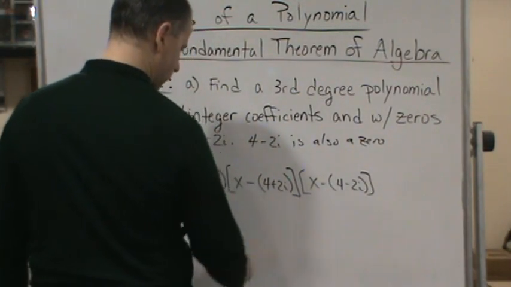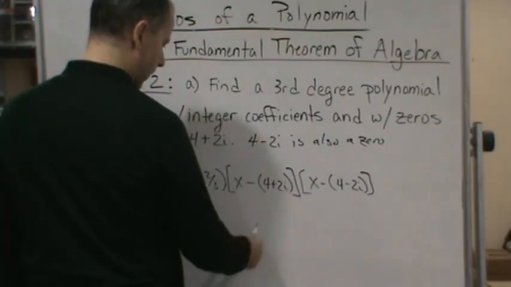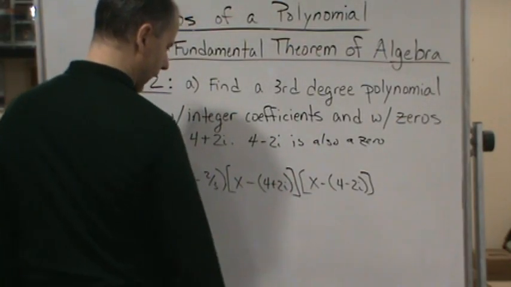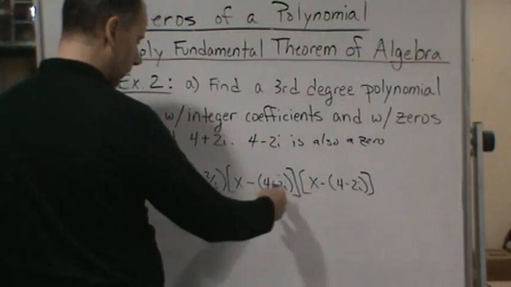Now, if I expand this out, let's do this one first. This is the easier one because we know the middle term is going to simplify. So we're going to get a quadratic here.